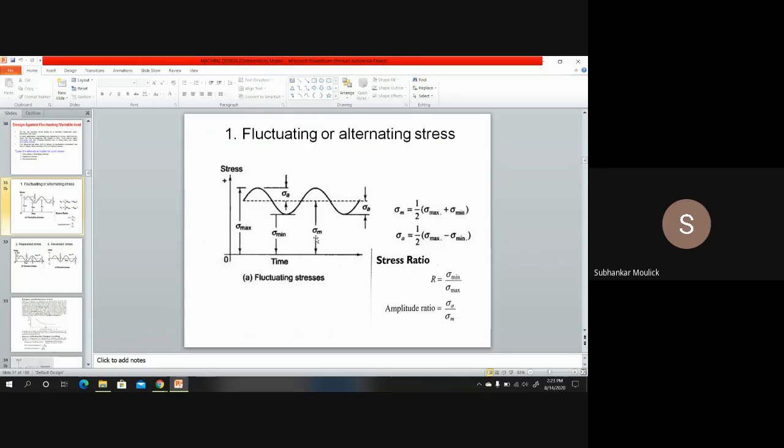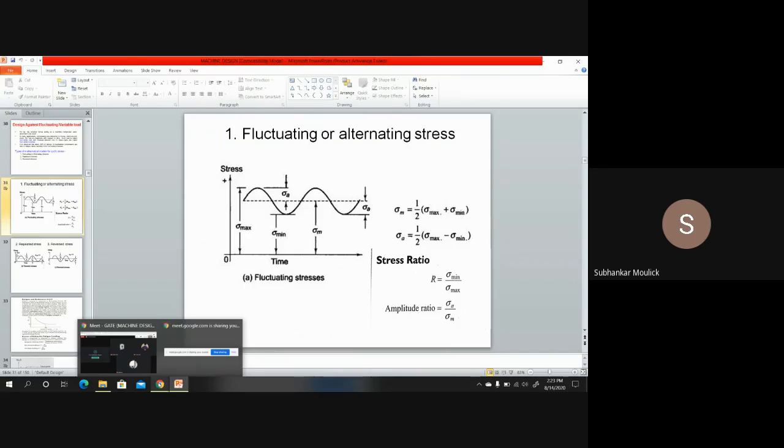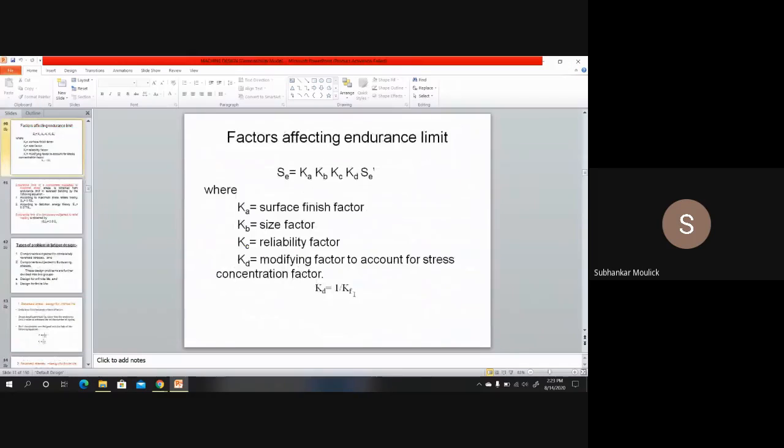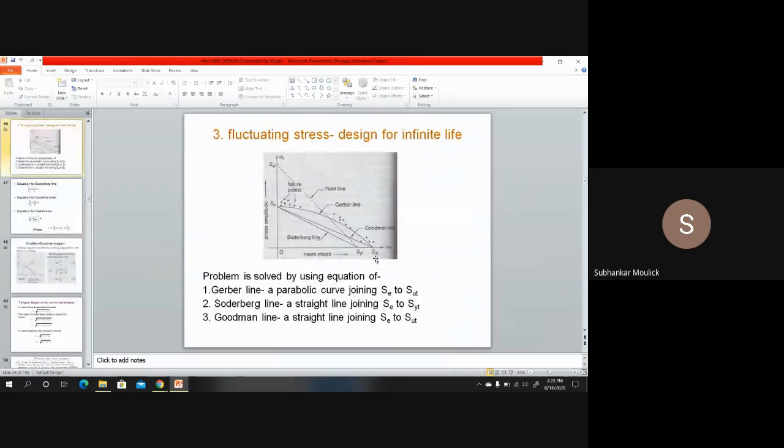If alternating stress is acting, that means the component is varying with time. You can see the alternating stress is varying over mean stress. Mean stress is your baseline. Over that baseline, your alternating stress is varying in nature. So mean stress means static load, that means the load acting on the component is static in nature.